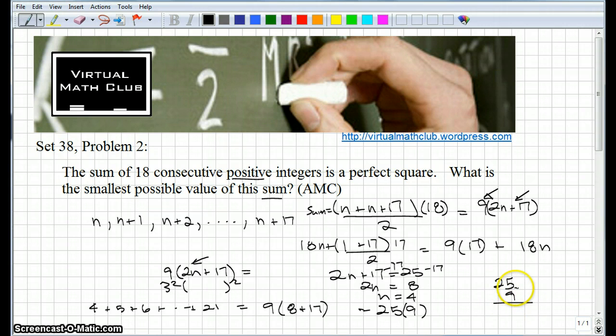Essentially 25 less than 250, because 10 times 25 would be 250, and 9 times 25 would just be 25 less. So I know it's going to be 225. Or you could work it out: 45, carry the 4, 18 plus 4 is 22. So the answer is that the sum of those 18 consecutive positive integers is 225. Alright, so there's your answer.